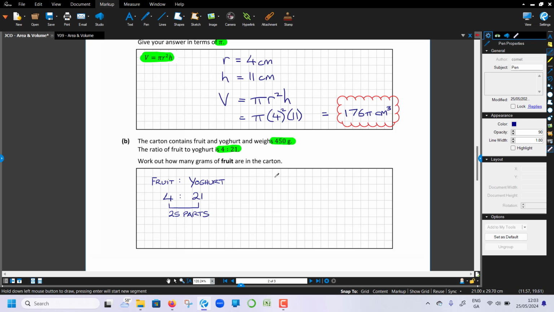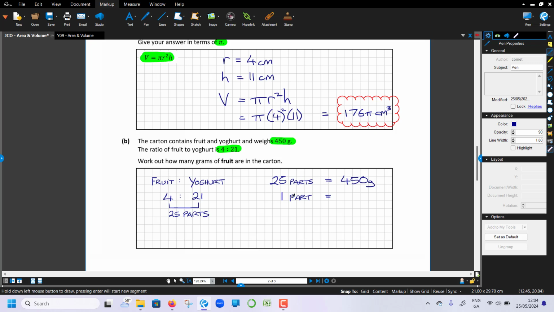So we have 450 grams. We know 25 parts equals 450 grams. We were told that. So then 1 part, how do you get from 25 to 1?